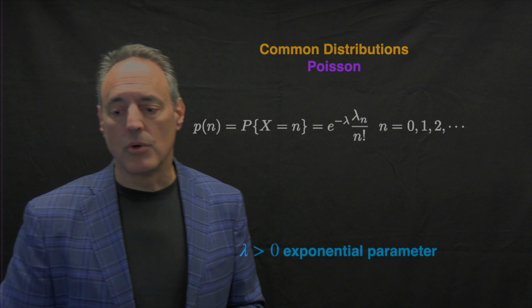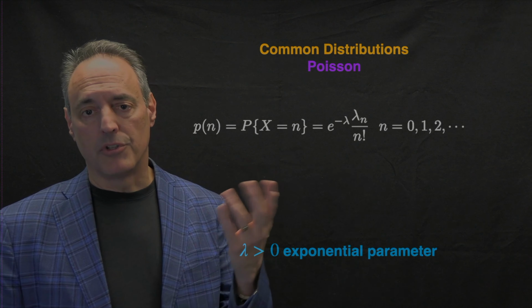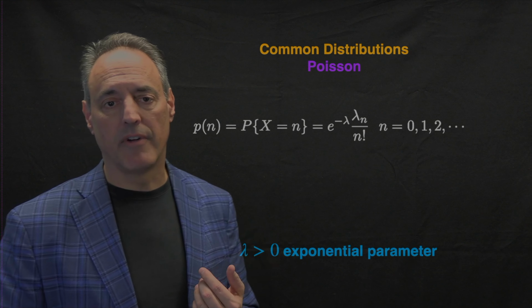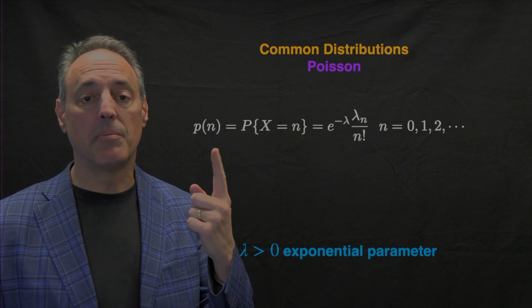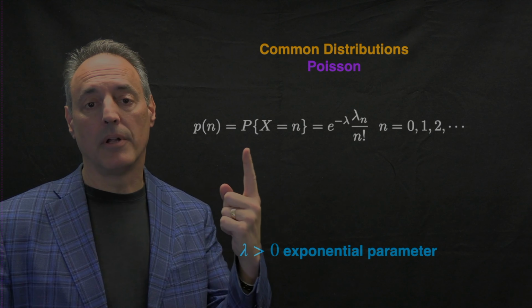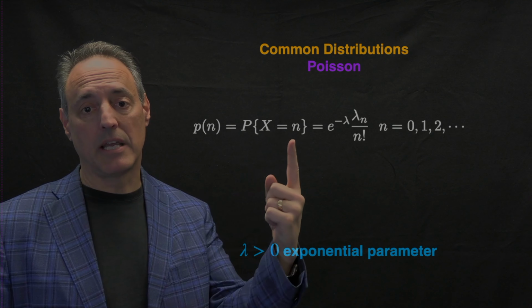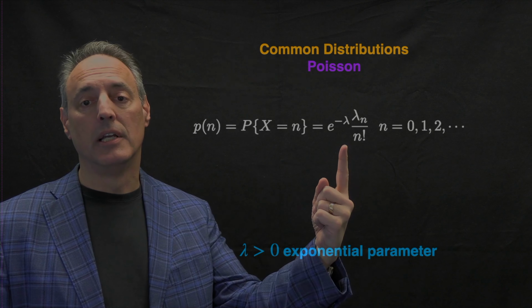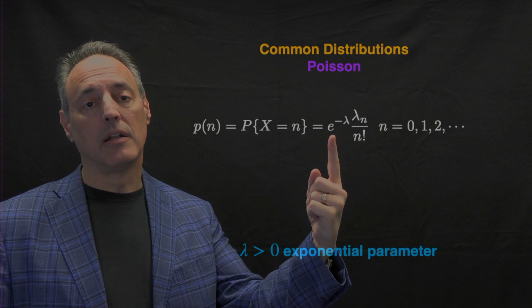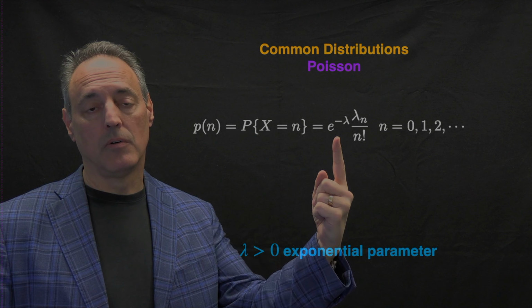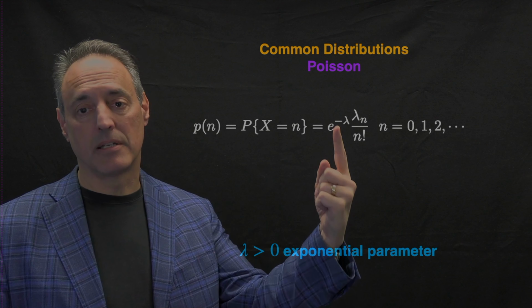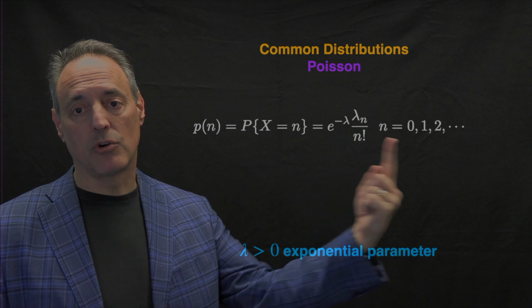Then we can get into a Poisson process, which is still a discrete variable. The probability of the random variable x taking on a value of n is given by here: an exponential parameterized by lambda, e to the minus lambda, lambda to the n over n factorial.